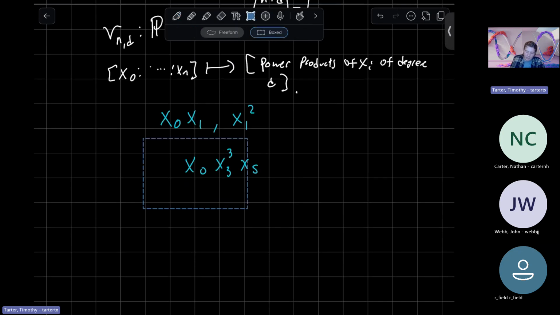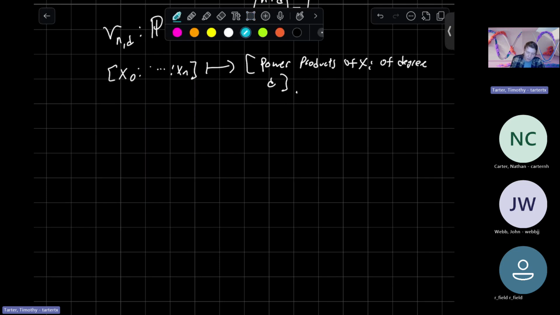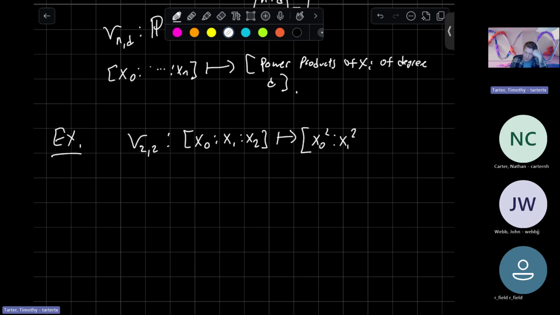As a base example, we can consider v_{2,2}. That's a good one. Here we're sending x0, x1, and x2 over to x0 squared, x1 squared, x2 squared, x0 x1, x0 x2, and x1 x2.